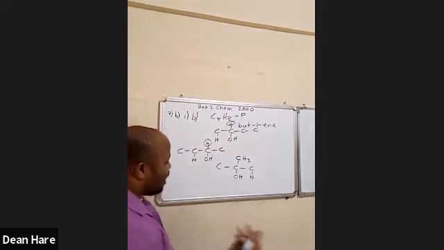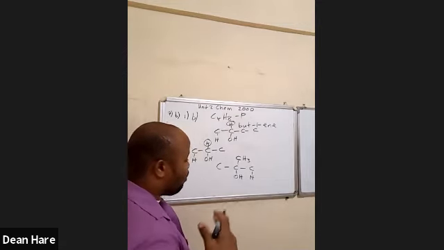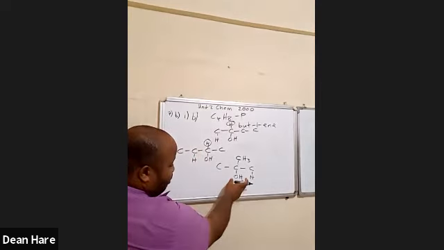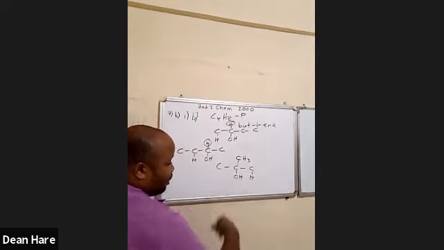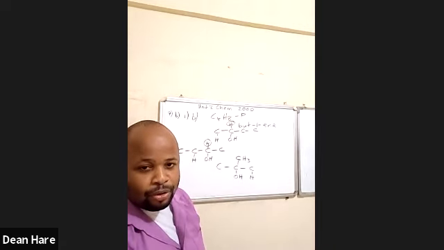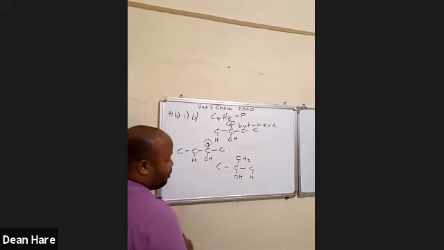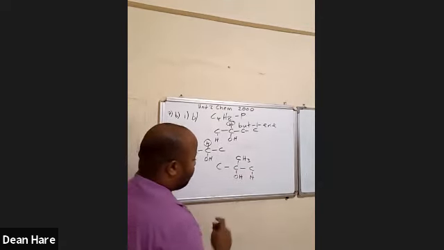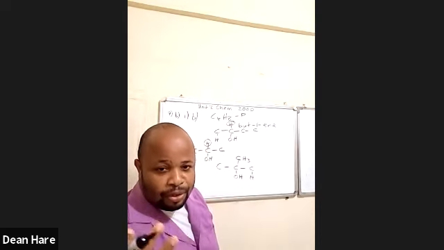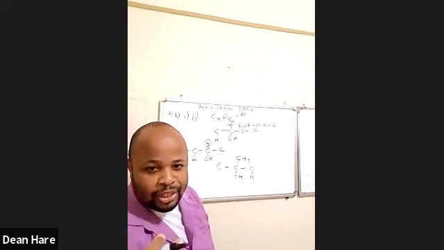When you hydrate the alkene, based on Markovnikov's rule, this product would be the major product. So with Markovnikov's rule, you have the major product and the minor product. The hydrogen would go to the carbon atom of the double bond that already has more hydrogens.